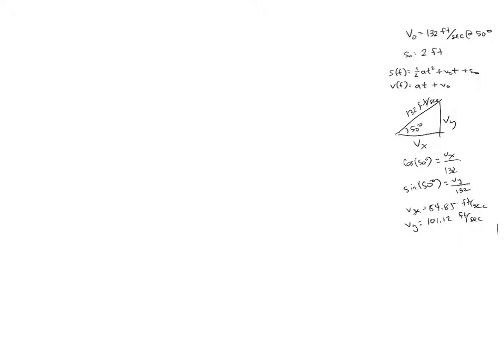So when we were dealing with the horizontal motion, because there's no acceleration, the first term here would go away. And you'd have v sub x, which is 84.85, times time, and the initial position in the horizontal is 0.